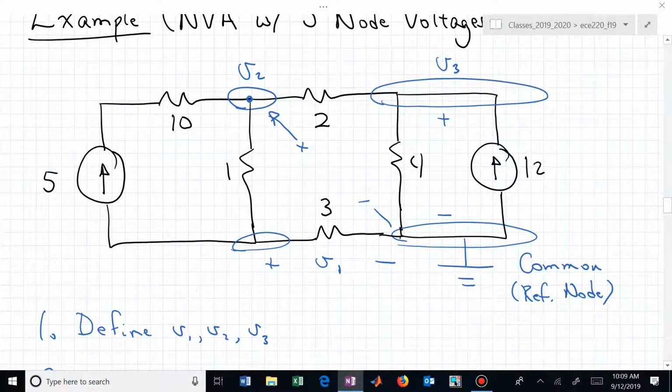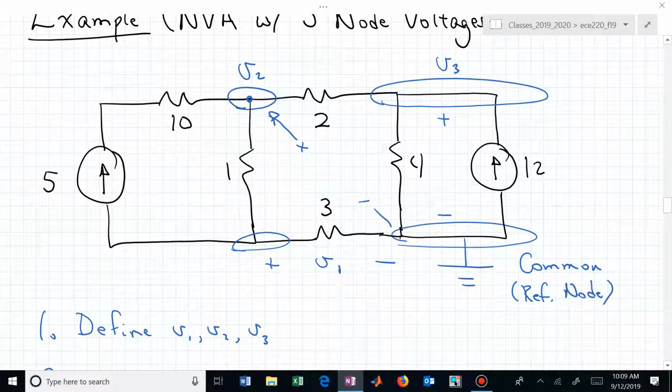Do you see that somebody could have just completely shuffled those, and somebody might have called the bottom one V3, and the top one on the left V1, and the other one V2? That's okay. You just have to work your problem, and then your V's would not be equal to my V's, but they would be consistent.